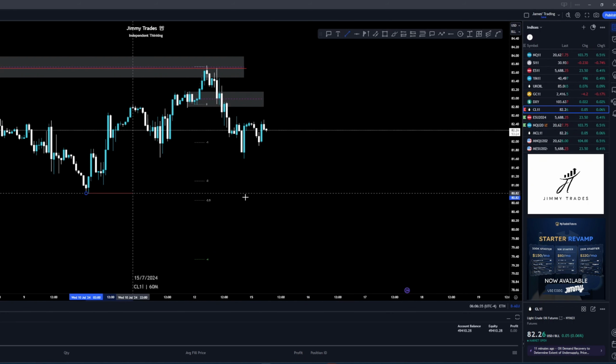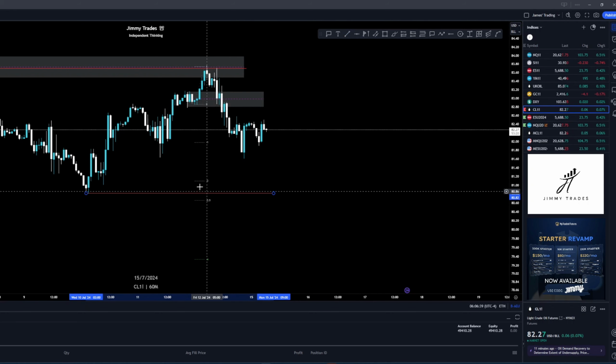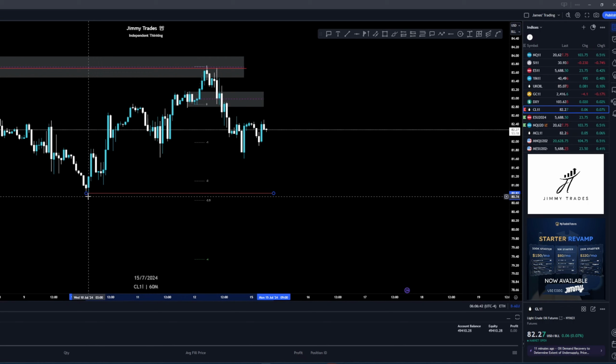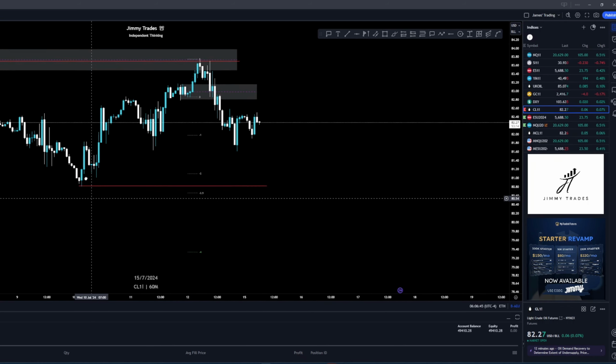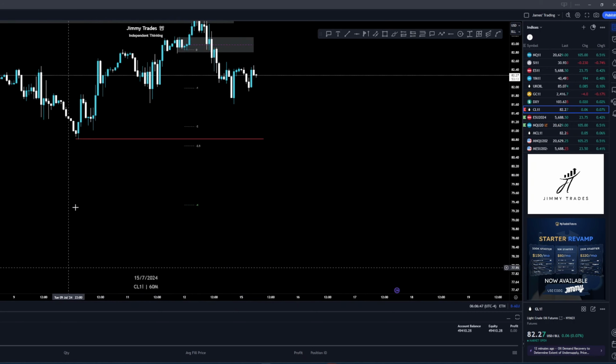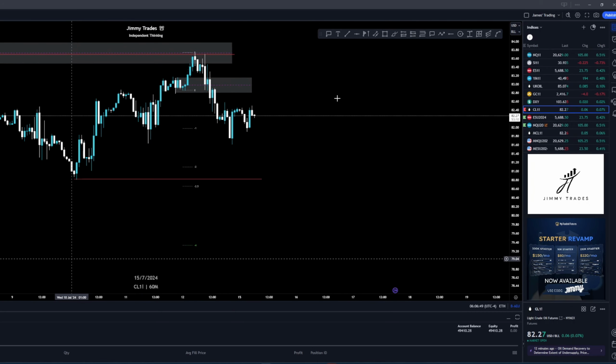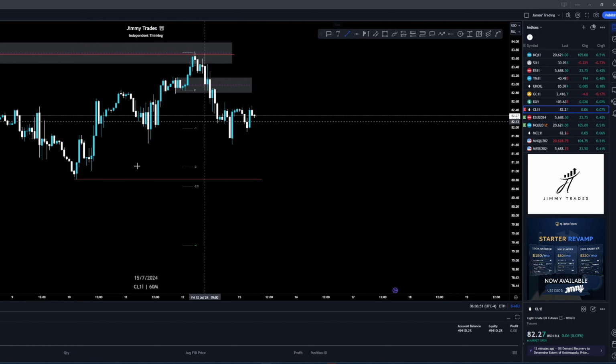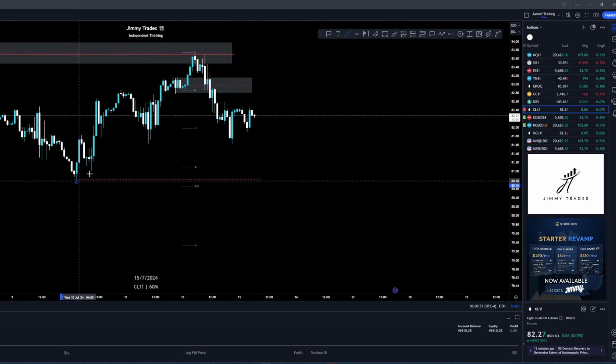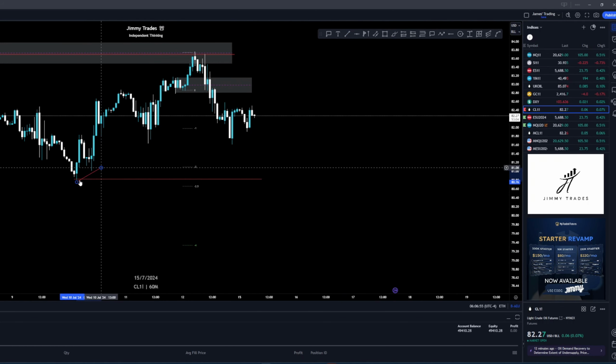This low aligned with the negative 2 to 2.5. And that's the Wednesday low of the week. So we've got also some low resistance liquidity running through here.